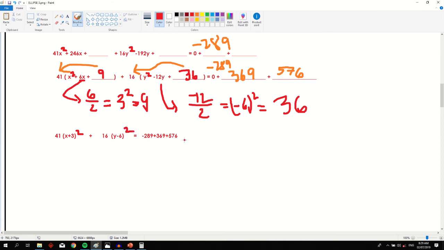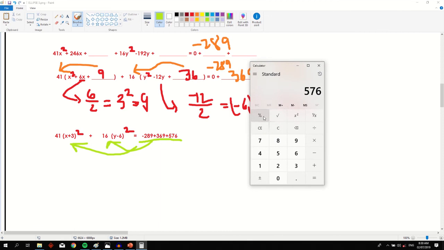Okay, now we will add this up. We need to get the sum of this, so we will divide it by the following. So we will use our calculator technique. Okay, so negative 289, then negative 20 plus 369 plus 576 equals 656.